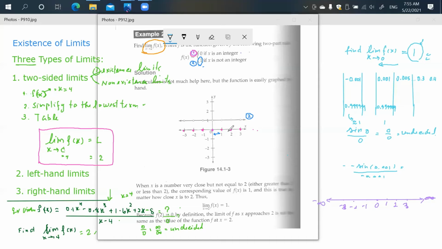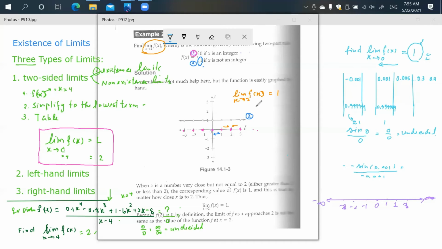So if you read the limit of f of x when x approaches 2 from the left and from the right, I know this one approaches this one, that means y equals 1.